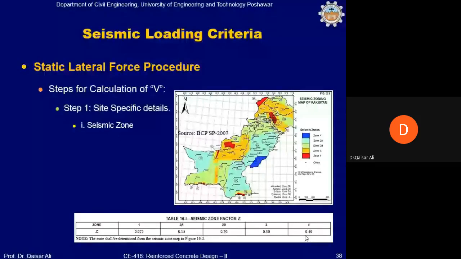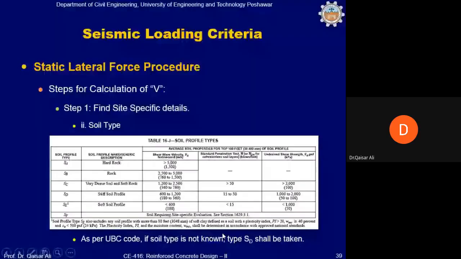Once we get this information from table 16I, we will need the information on the soil type. There are 5 basic soil types: SA, SB, SC soil, SD stiff soil profile, and SE soft soil profile. The shear wave velocity can be determined in the field, or SPT can be determined, and they can be correlated to determine which type of soil is where the building is to be constructed.